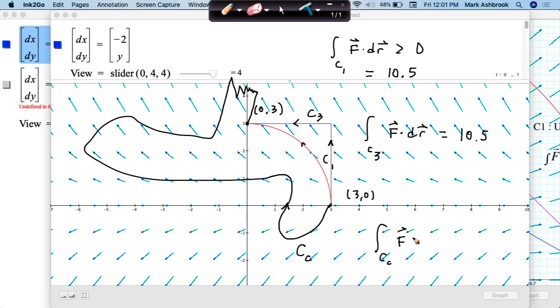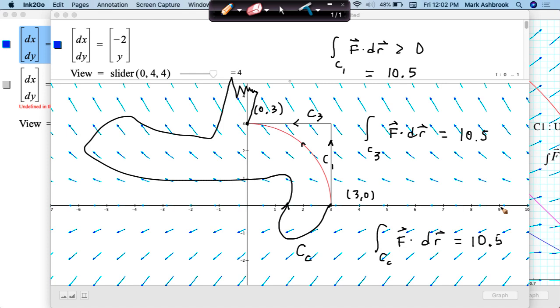What's the value of that one? 10.5. So if I start at (3,0) and I end at (0,3) along any path, the value of that line integral is going to be 10.5.